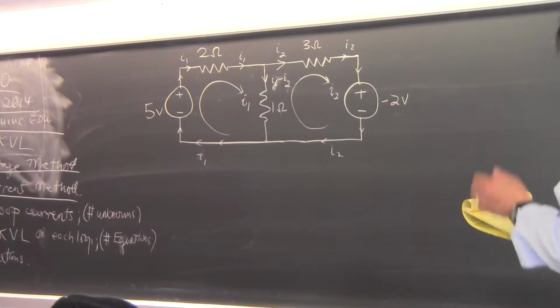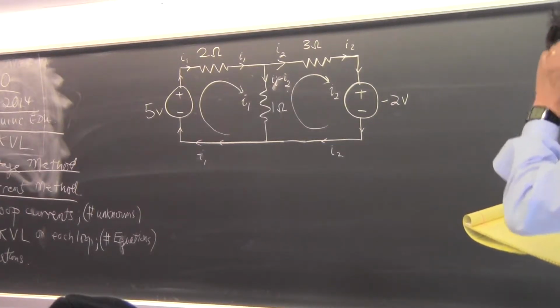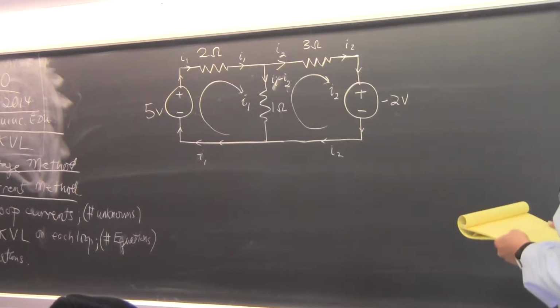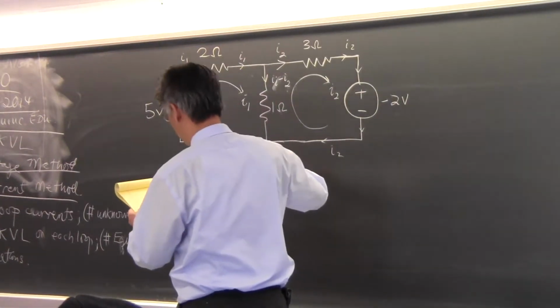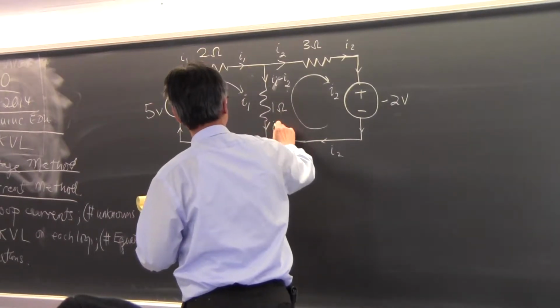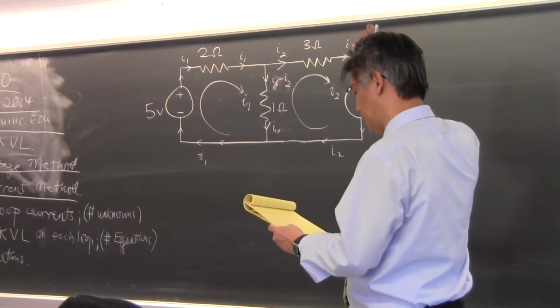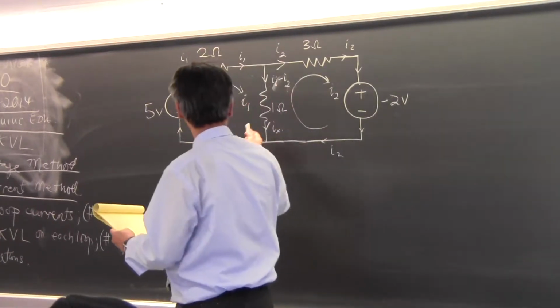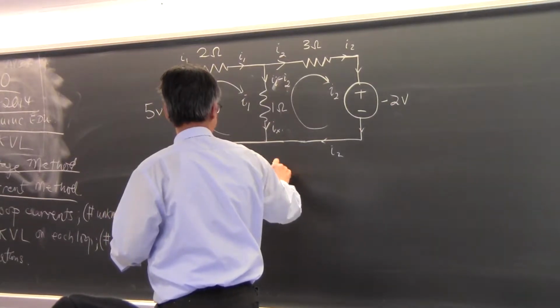The next thing you do is to apply Kirchhoff voltage law. Okay, this current in the textbook is also called Ix. Just to be sure, if you go back and check what Ix is, Ix is the current on the common branch, I1 minus I2.